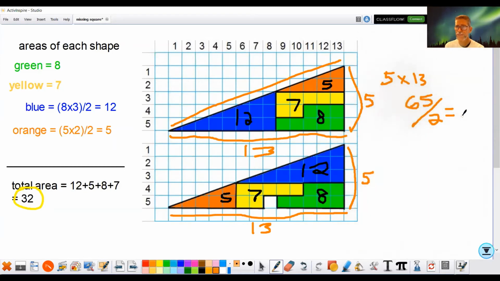It is 32 and a half. Okay, something doesn't look right.